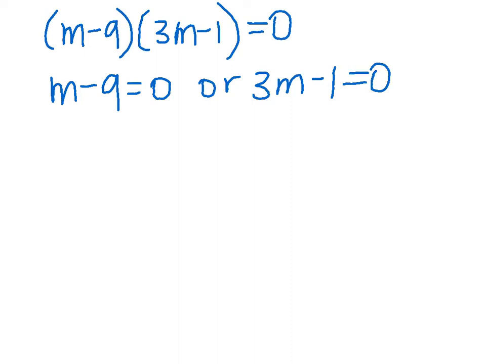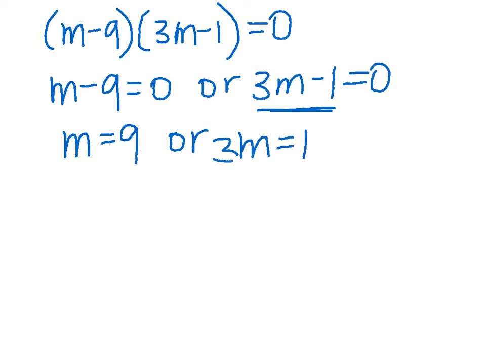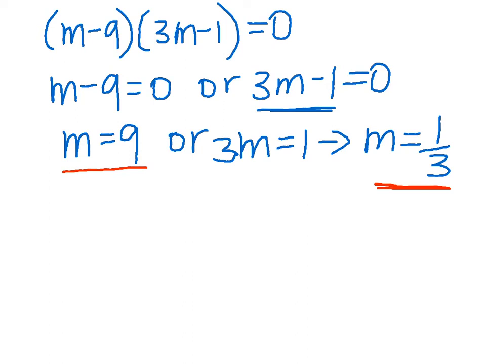So for this we've got m will be 9, or, and solving this guy here, 3m equals 1, and m equals 1/3. So we've got our two values of m, 9 and 1/3. We now have to go and find out what our value is for x.